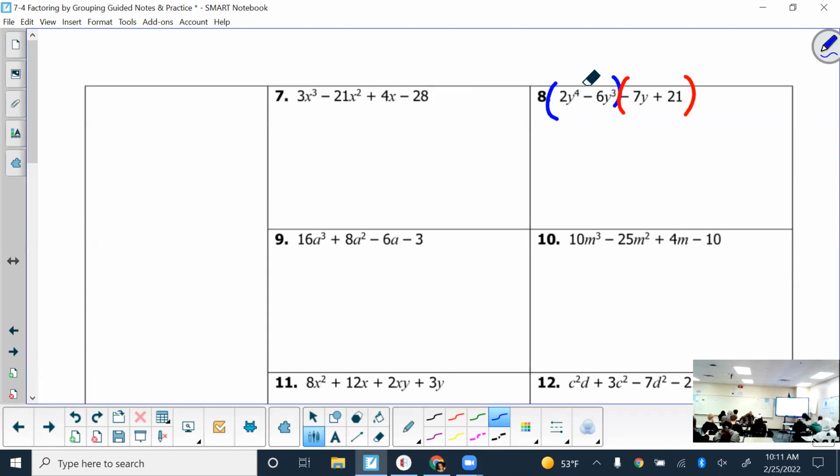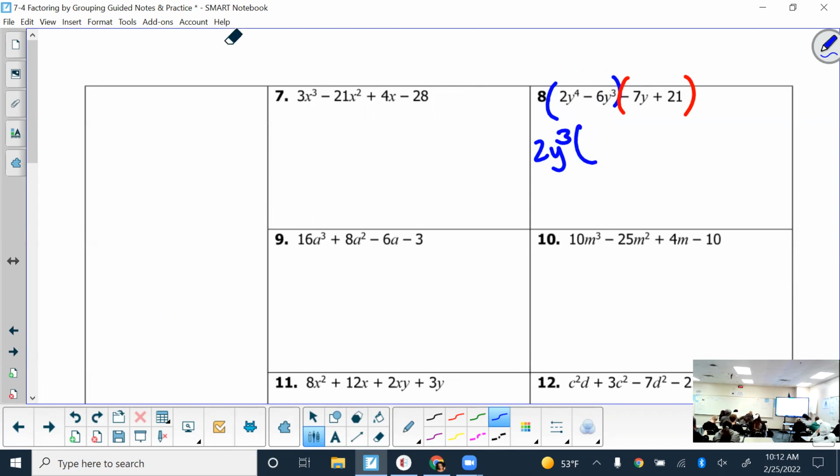Not distribute. If you look at your steps, I need to find the GCF of each group. So what would be the GCF of the blue group? 2y cubed.